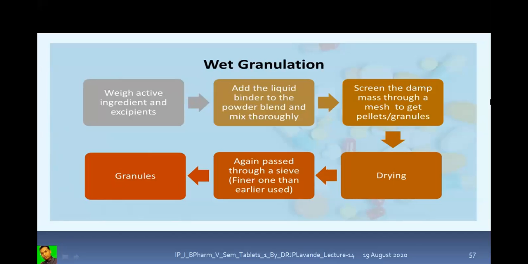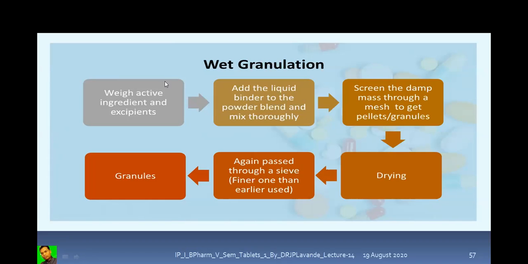Then the second stage is mixing. First is weighing, second is mixing, third is screening, right? In screening, we screen the damp mass through a mesh to get the pellets or granules. Then there is a need to go with drying, and after drying, the mass is again passed through a sieve, a finer one than that used earlier, and then we get the final granules.